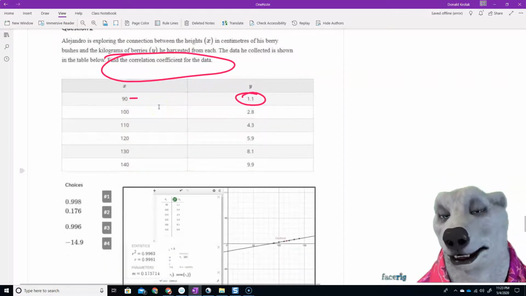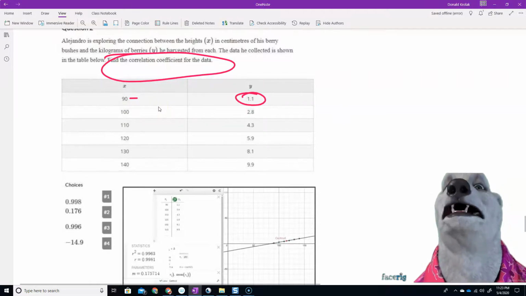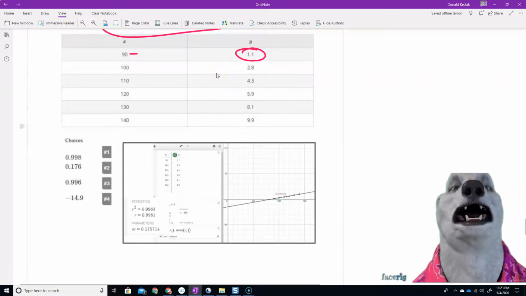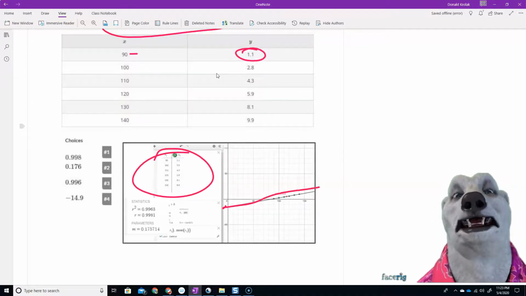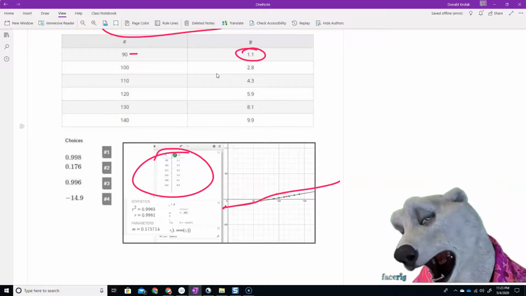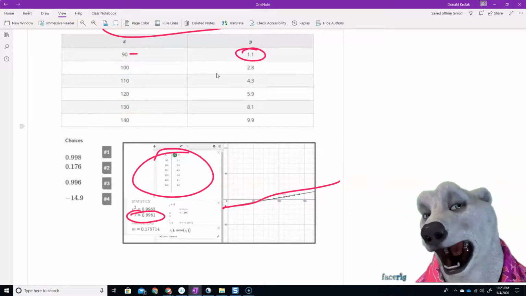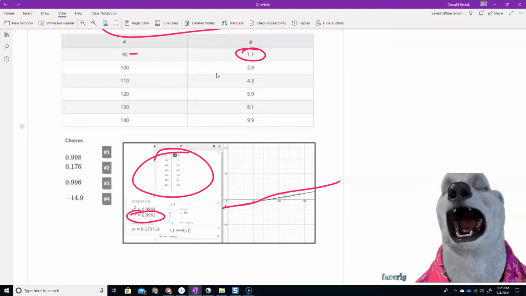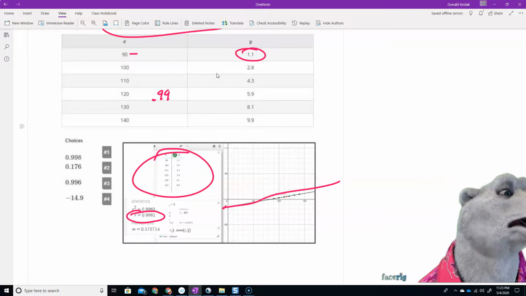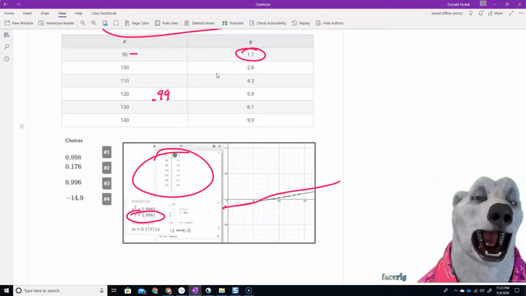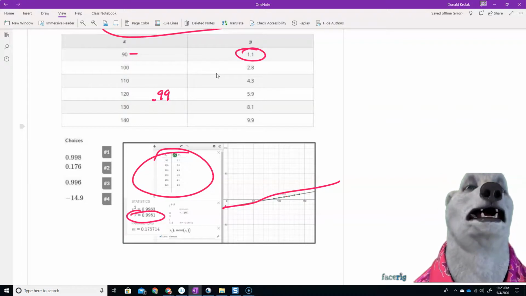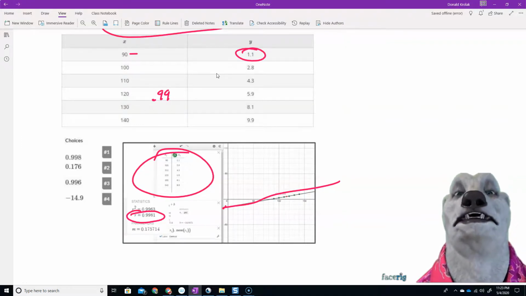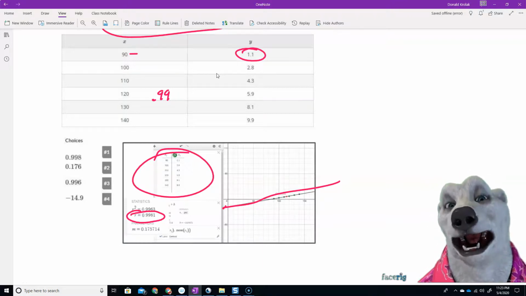Mr. Krolak put links to these in your Google Classroom. I'm just going to show you what the results are. There's our table. Here's our line of best fit. And wow, pretty good correlation, 0.99. We've got a pretty positive correlation going, that as the bush gets taller, the kilograms of berries increases. It's got to make sense.